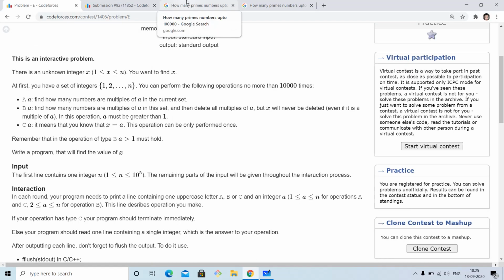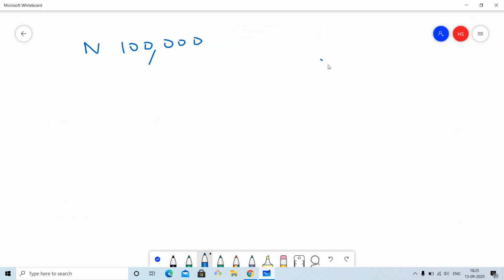There is a theorem, the prime number theorem, which tells us that the number of primes up to n is roughly n divided by log n.